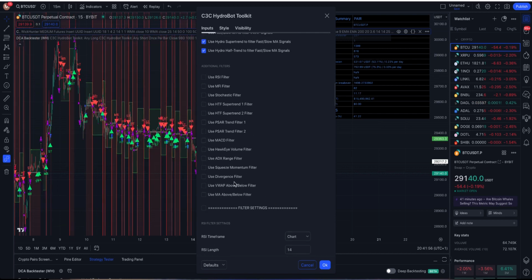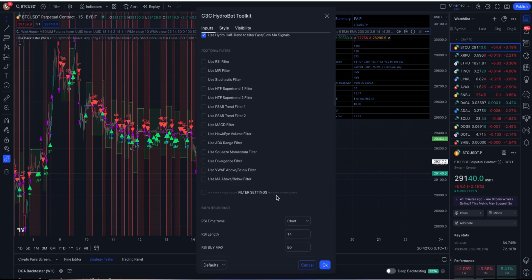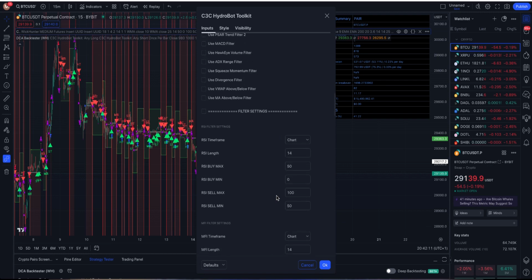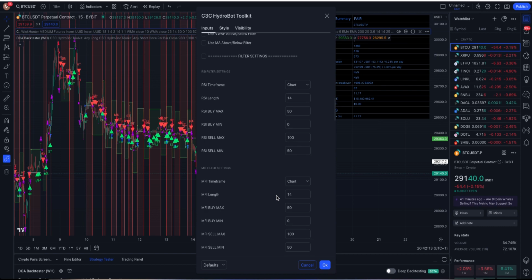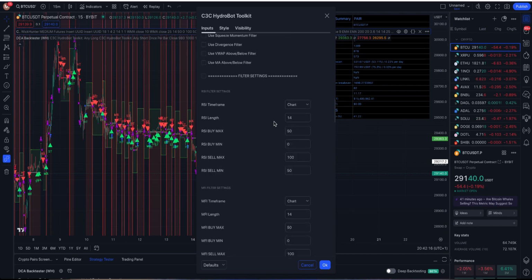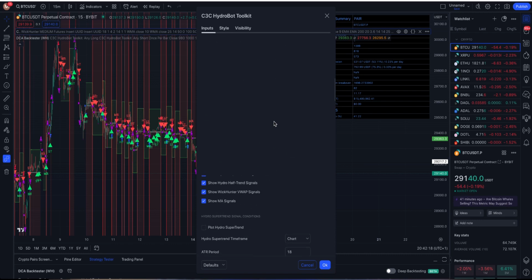Now, I'd only recommend using maybe 3-4 of these, maybe or less. We don't want to use too many because there'll not be a lot of signals. So kind of want to just minimize everything. I mean, we have got a lot of signals from that super trend setting we did.